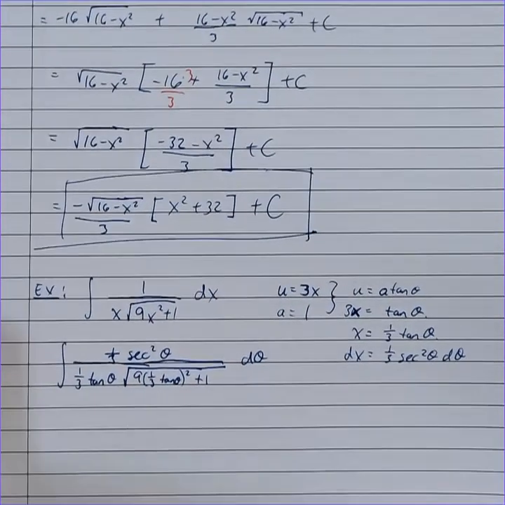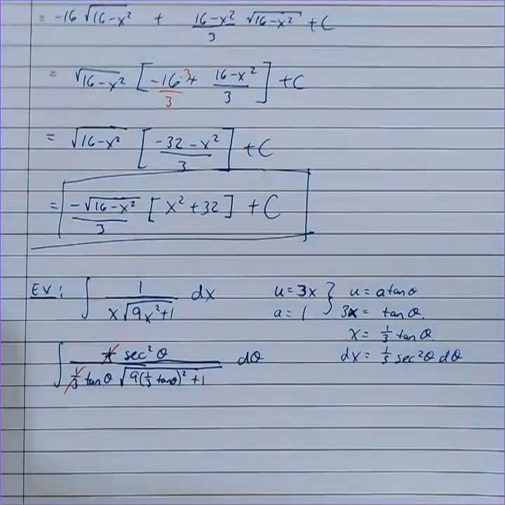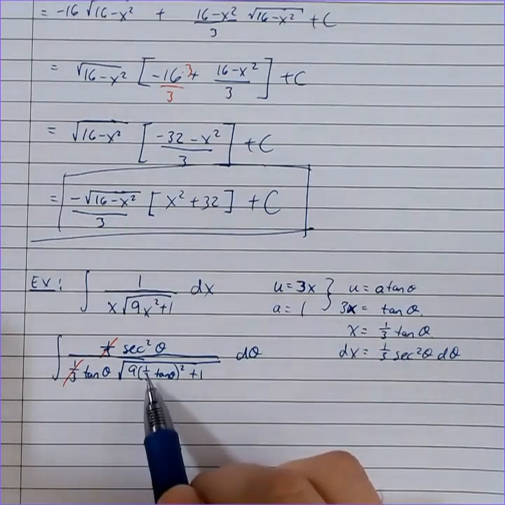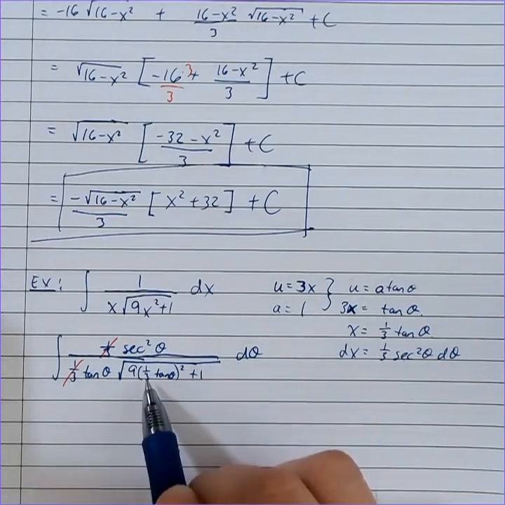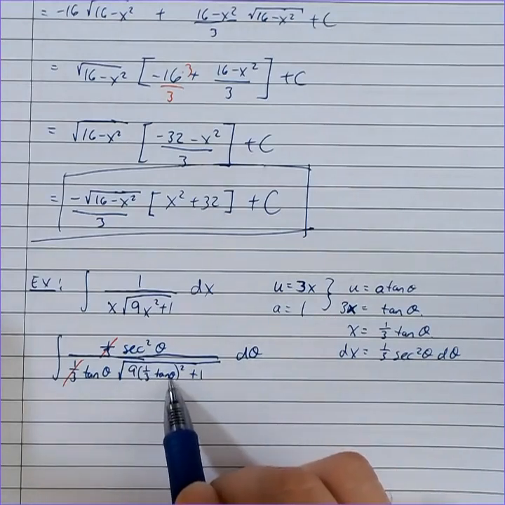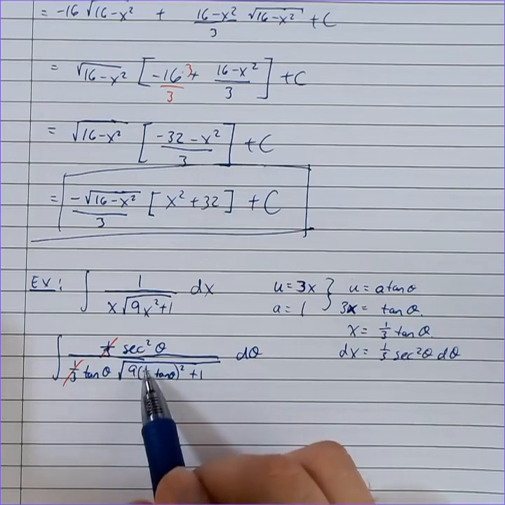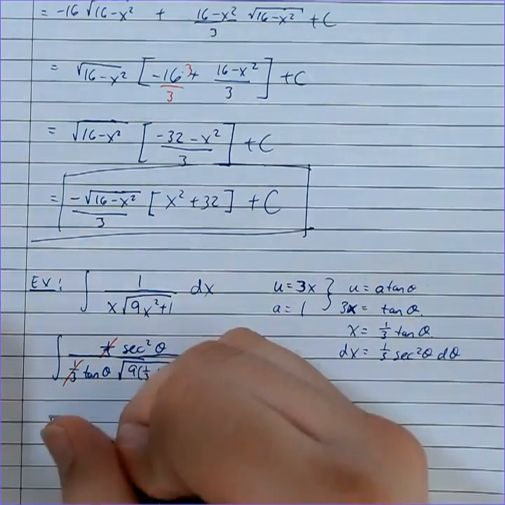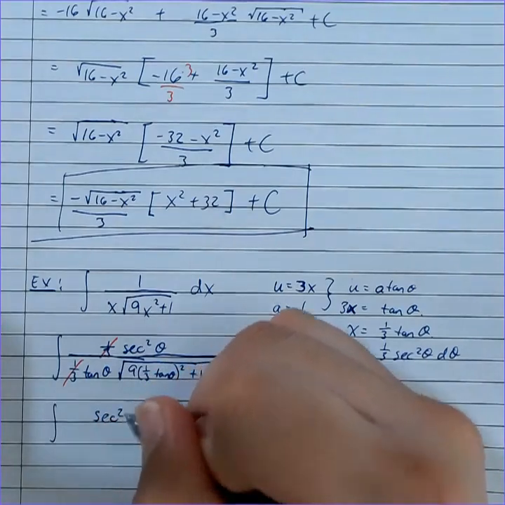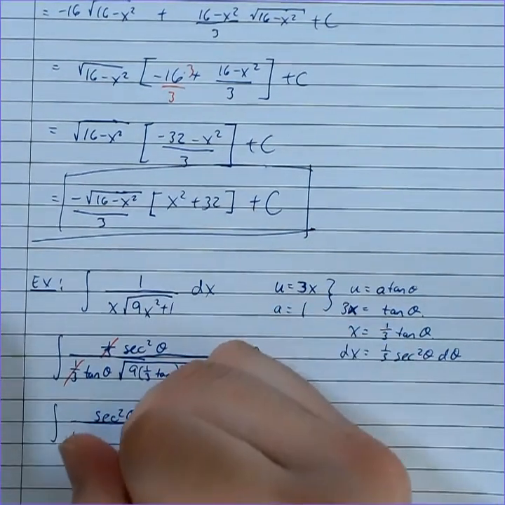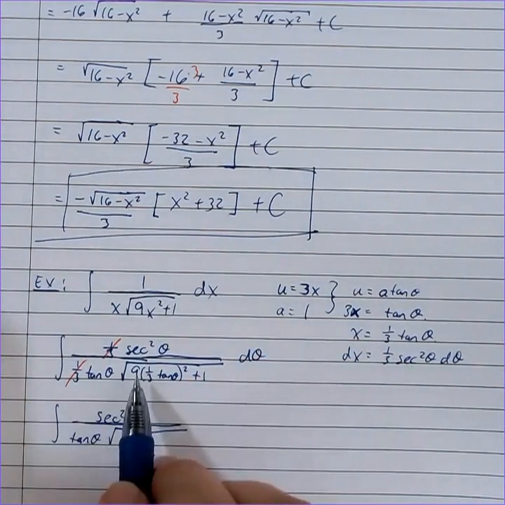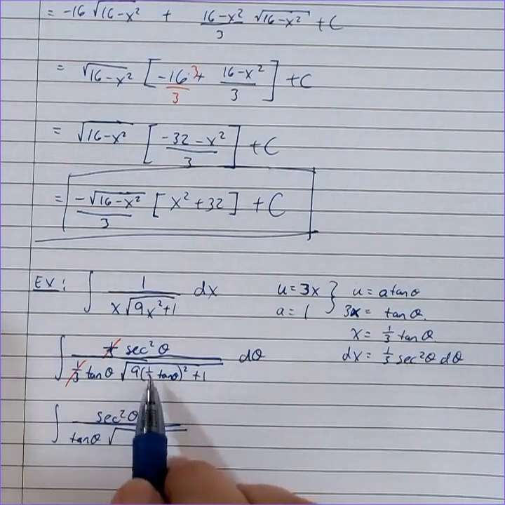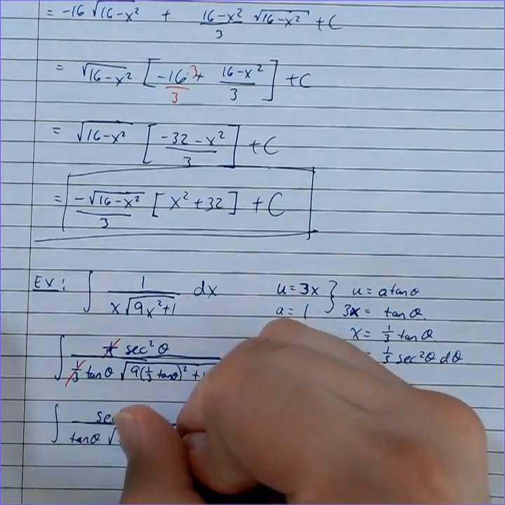All right, so let's start simplifying. First of all, those 1/3s go away. 1/3 divides a third. And in here, notice that 1/3 squared is 1/9. That's going to be 1/9 tangent squared of theta, and this 9 and this 1/9 will go away, leaving us just secant squared of theta in the numerator, tangent of theta outside of this radical in the denominator, and inside, that's just 1 tangent squared of theta plus 1.